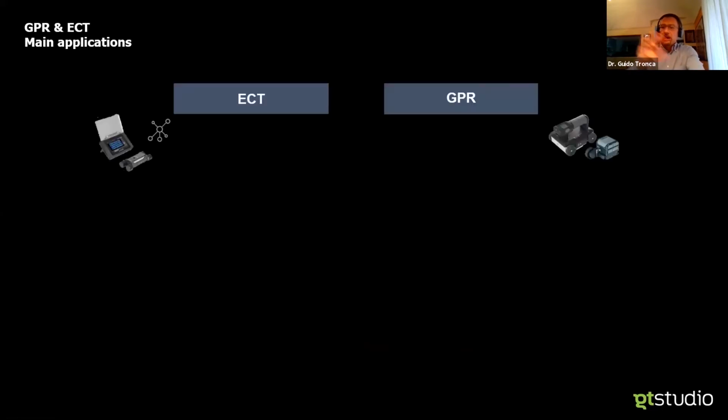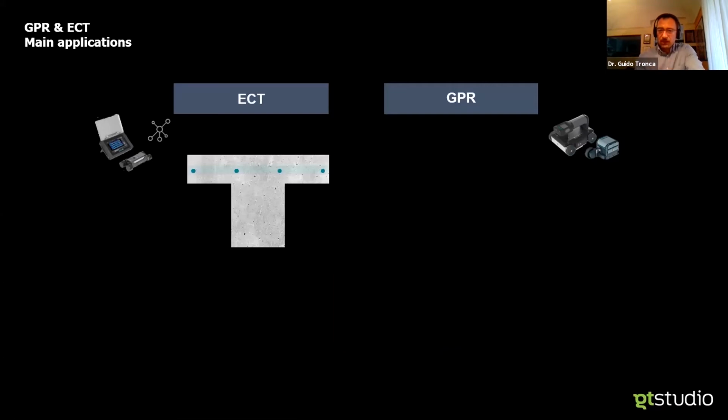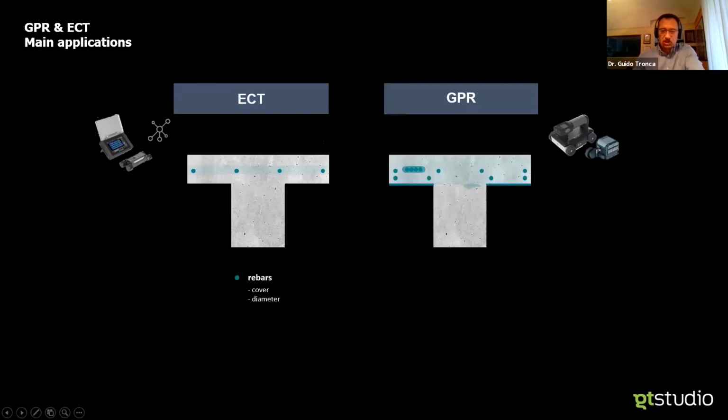So we already set the task that might ask us to be on site, but narrowing to the real applications, Eddy Current, by its measuring principle, only sees the rebars, the first layer of rebars. GPR, on the contrary, can be considered a universal locator, as it is sensitive to any metal or plastic or air void defect interface.